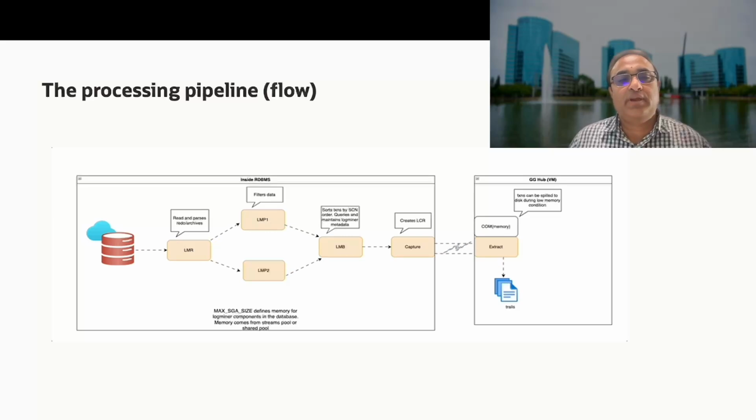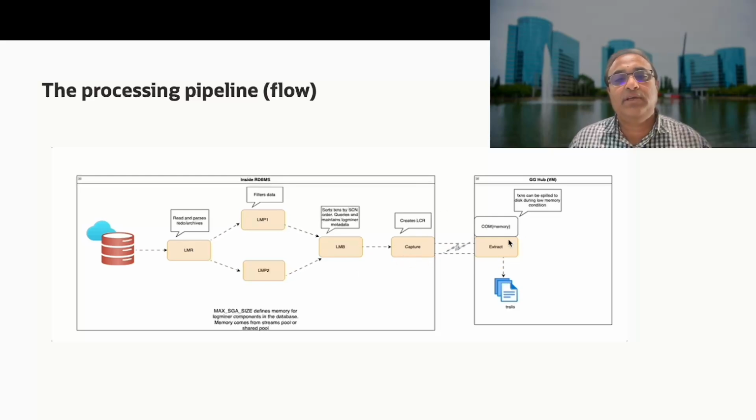So just a quick recap of the pipeline. The pipeline starts with the LogMiner reader process, and ends with the extract process flushing data into the trail. Inside the database, there are four background processes: one LMR, two LMP, LMP1 and LMP2, and one LMB. We have one foreground process, which is the capture process.